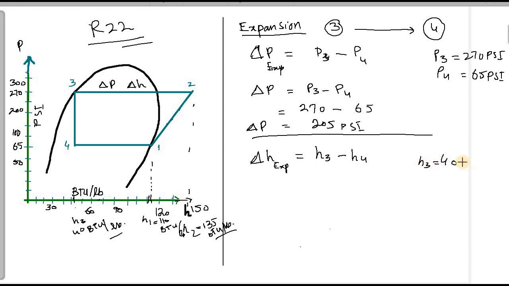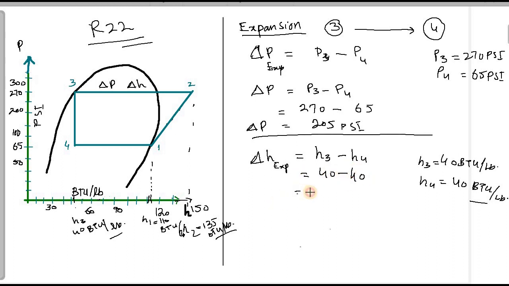equal to 40 BTU per pound, while the value of H4 is the same, 40. The value of H4 is equal to 40 BTU per pound. According to this formula, the total difference in enthalpy during this expansion process will be H3, 40, minus 40.